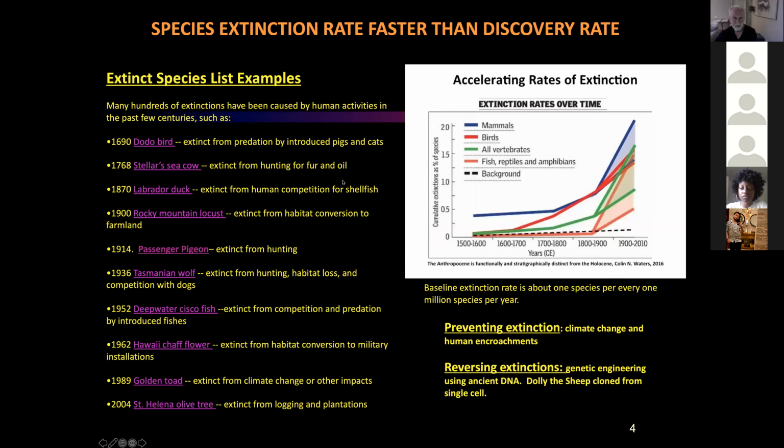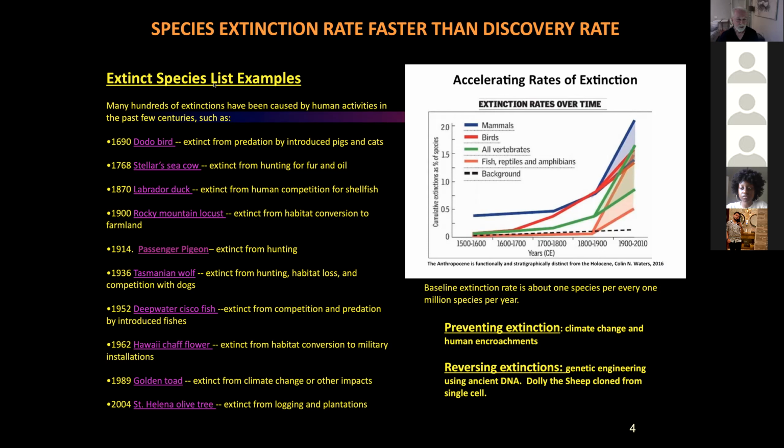So species are becoming extinct faster than they're being discovered. So a lot of species never will be discovered because they're unknown, they go extinct, and we never knew they existed, except perhaps by the fossil record or their DNA imprint.